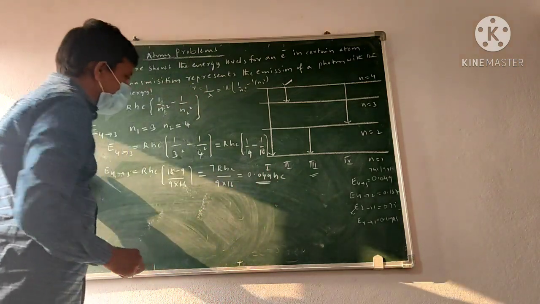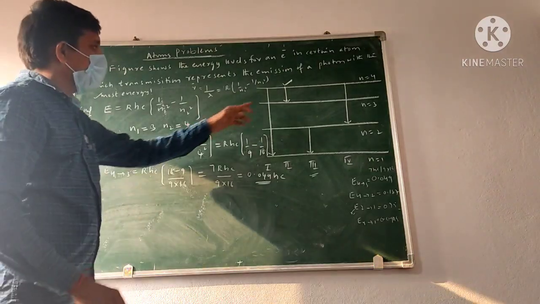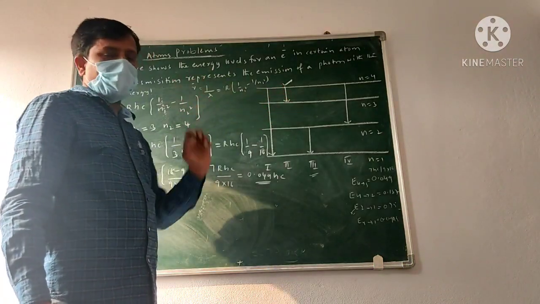So this is the energy when the electron transitions from level 4 to 3.